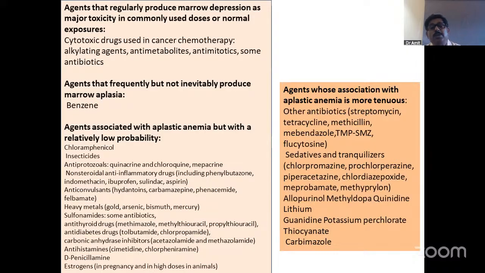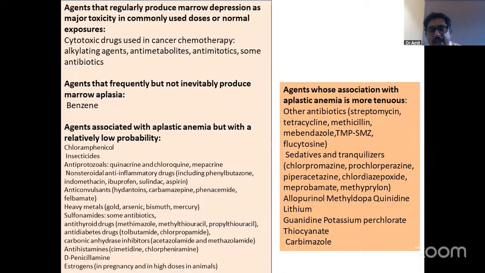Now, drugs which have a potential, but the exact relationship with bone marrow failure is not very well established, are in doubt. So we call it a tenuous relationship with aplastic anemia.